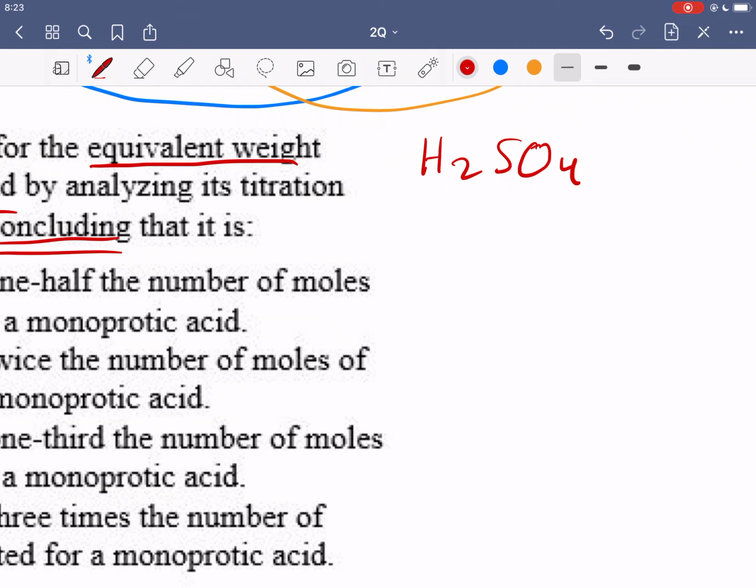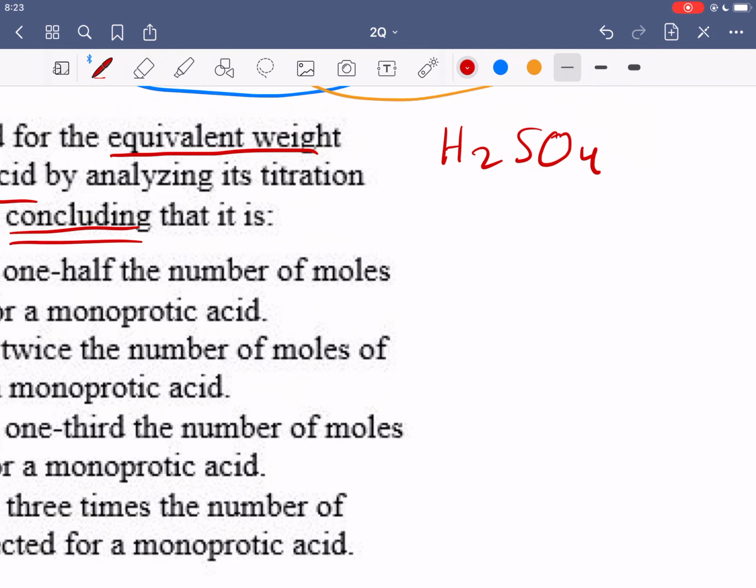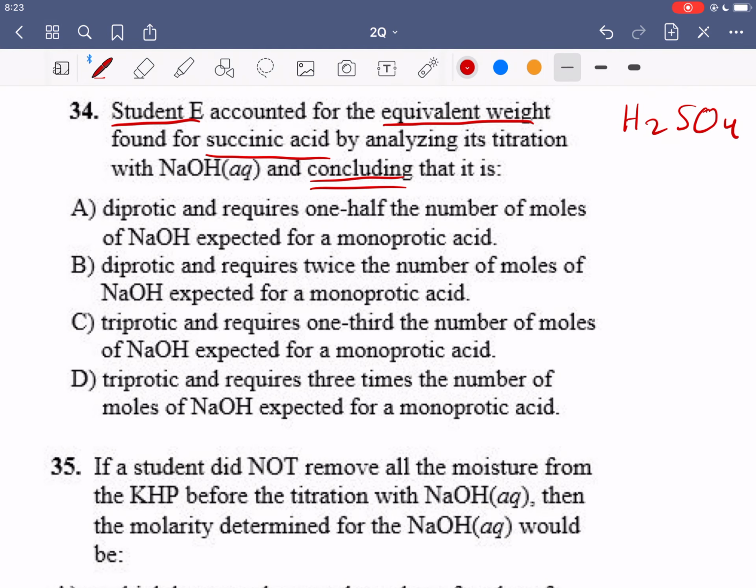So this one could release 2 moles of protons. So just 1 mole of NaOH wouldn't completely deprotonate this acid. So point is, that's what equivalent weight is. Sometimes you need 2 equivalents of NaOH to completely deprotonate an acid. Sometimes you might need 3 equivalents. What's going on in the case of succinic acid?